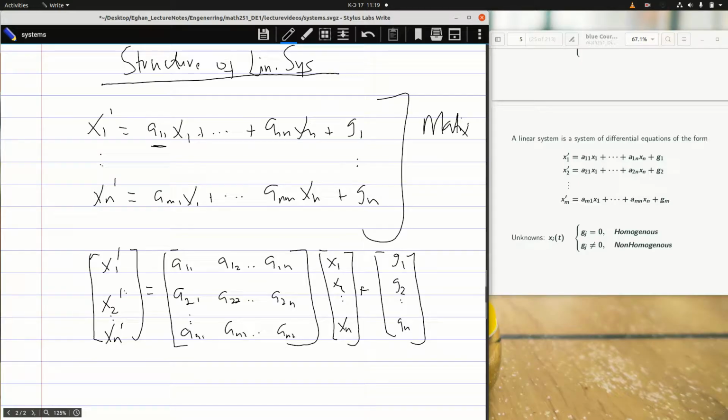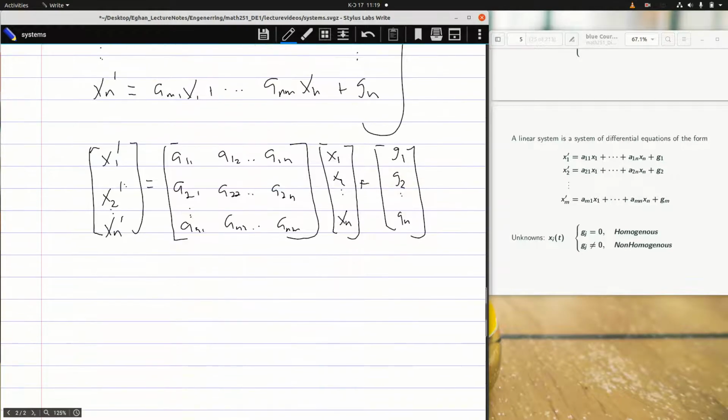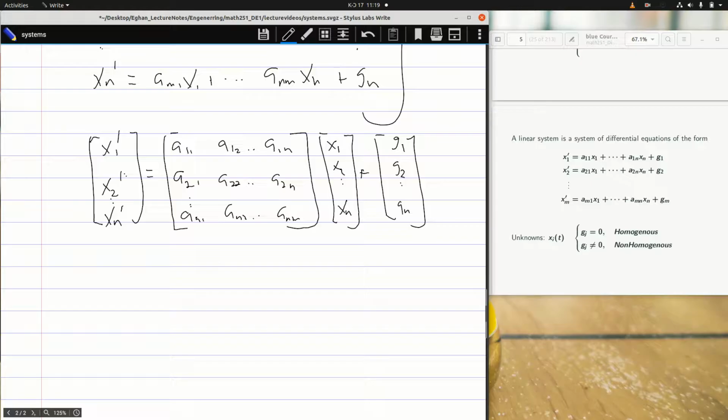I hope you remember these matrix representations out of systems of equations. So I can denote this as a capital X prime is equal to some capital A. So this is X, this is A, this is the prime. Now this is some G. Let me just use capital G.